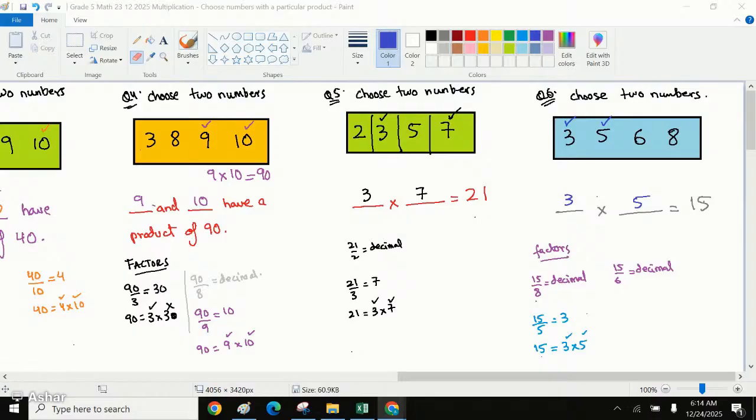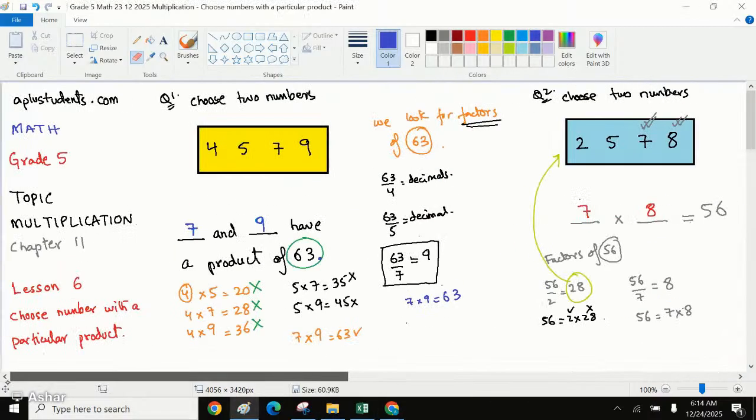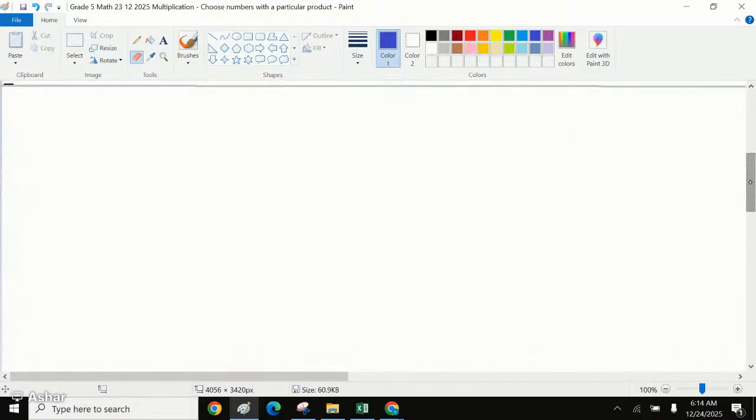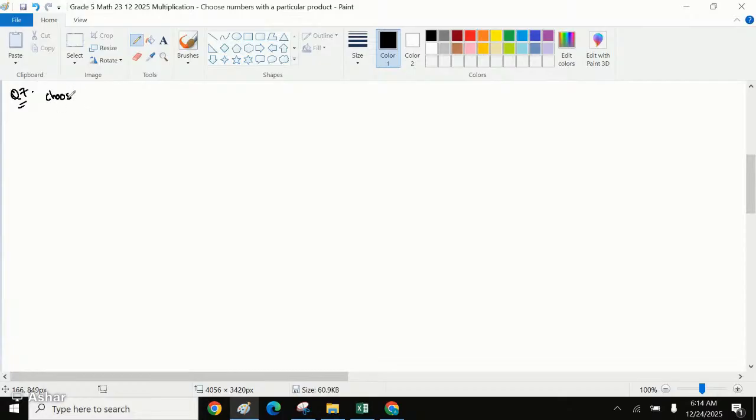Okay, we look at the next question. With the next question, we will try to make a new question out of it. With question number 7, we'll do question number 7 first. That says choose two numbers. We'll choose any two numbers out of this given information.